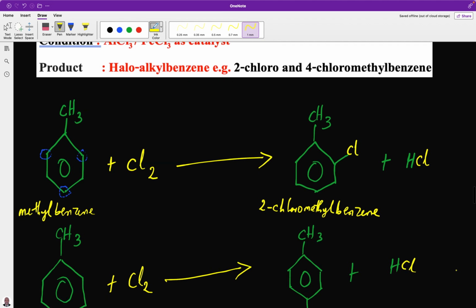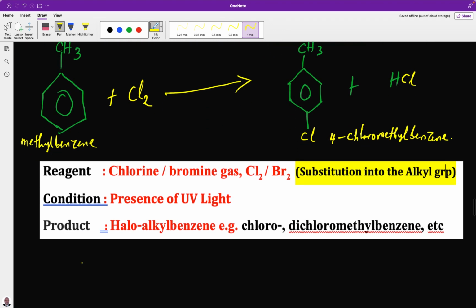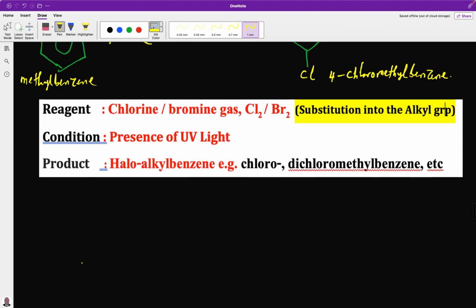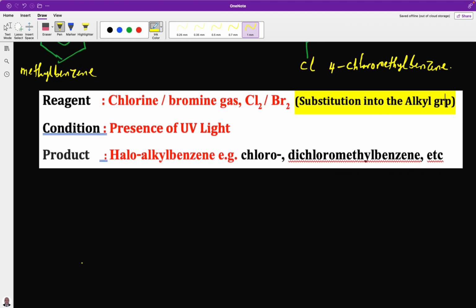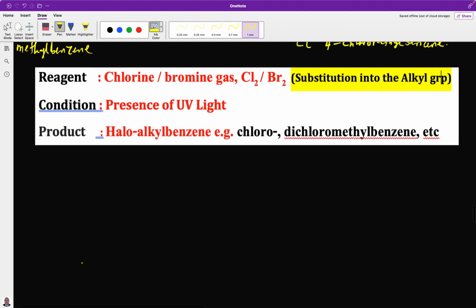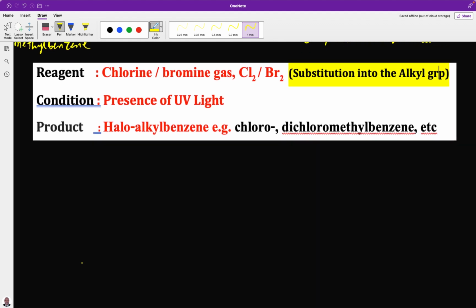We will move to the next condition. For the next one we use the same reagent, but the condition will change. We are still going to use chlorine or bromine, but the condition is UV light this time around.